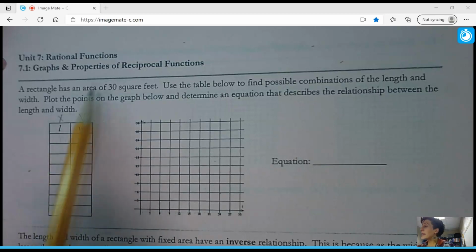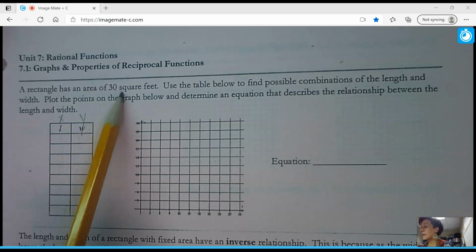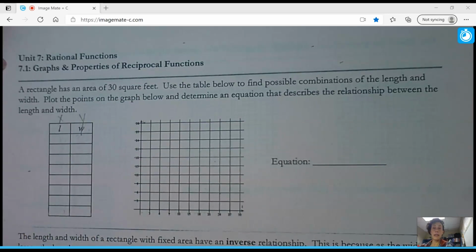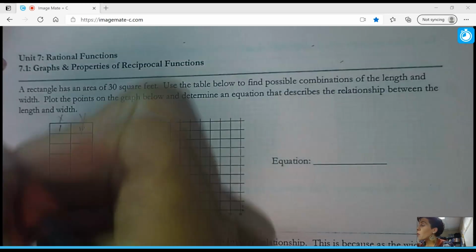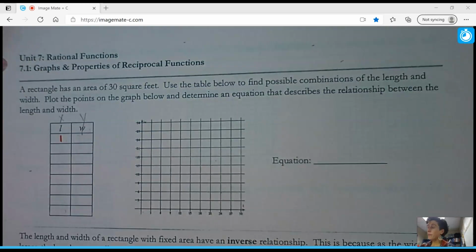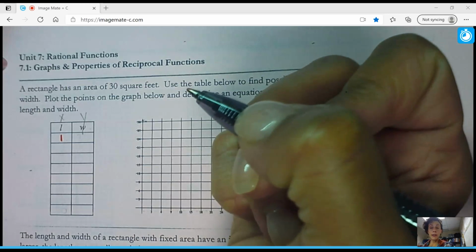We're going to give an example of that by talking about a rectangle that has an area of 30 square feet. We're going to use this table to find all the possible combinations of the lengths and widths. I'm just going to take the nice numbers that multiply to 30. I'll start with a small length, like 1, and to get an area of a rectangle, you need length times width.